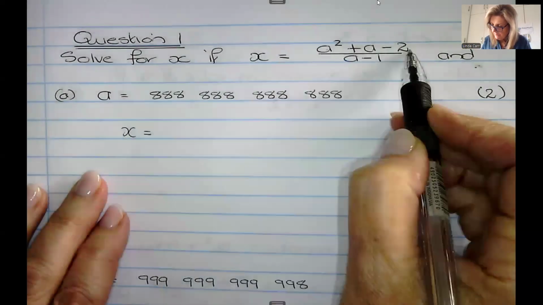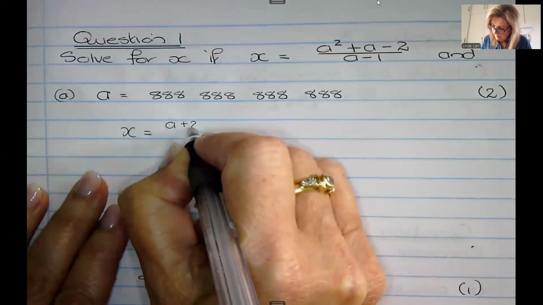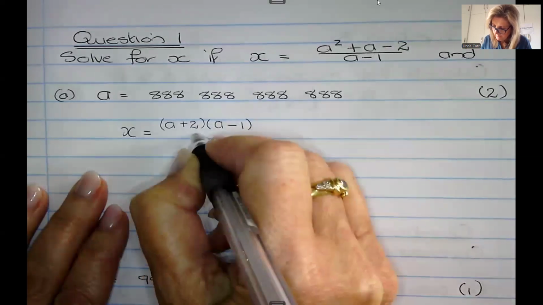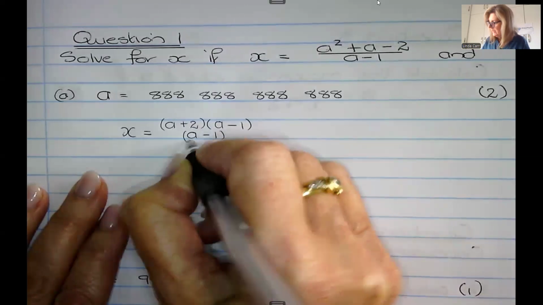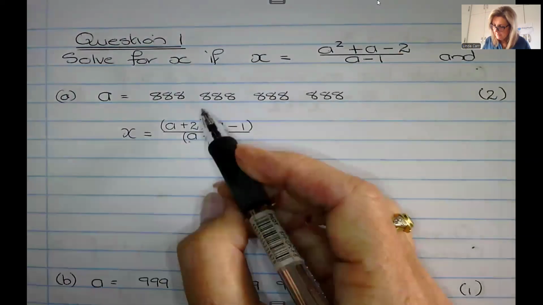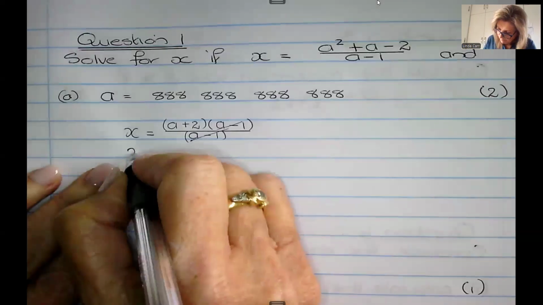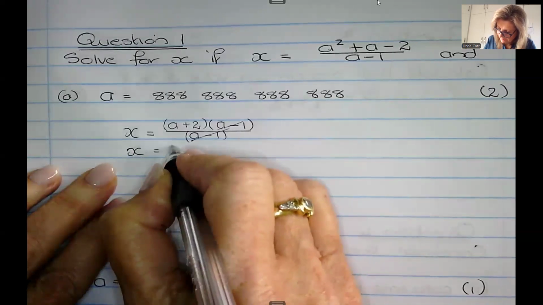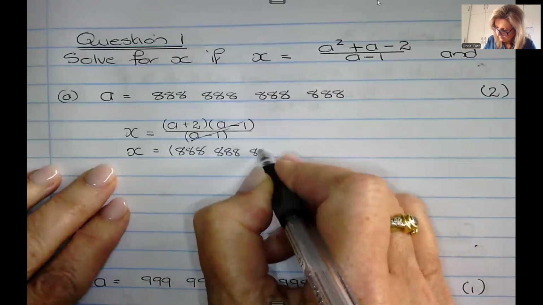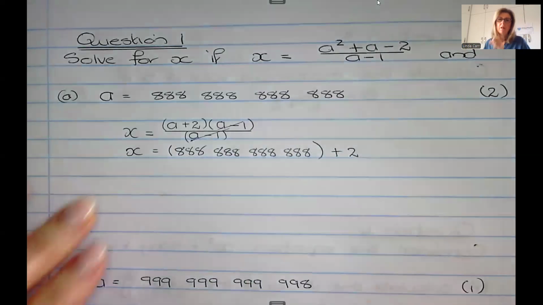I'm going to say my numerator is a quadratic trinomial. And so if I make it a plus 2 and a minus 1, denominator a minus 1, and now we can see, hooray, those are going to cancel out, divide out. And so I'm left with x is equal to a plus 2.